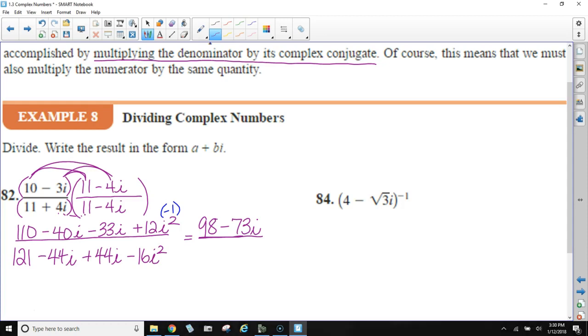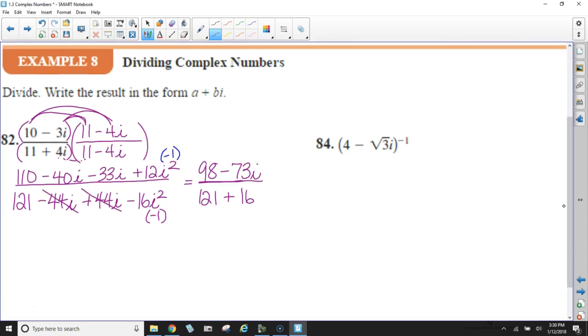Now notice what happens. The negative 44i and the positive 44i fall out. And so we are left with 121. And then the negative 16 times the i squared, which is negative 1, is going to be positive 16.